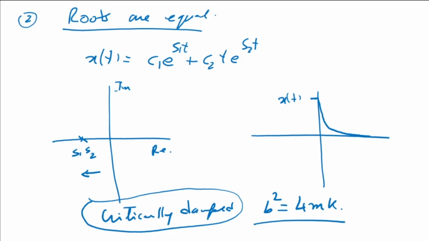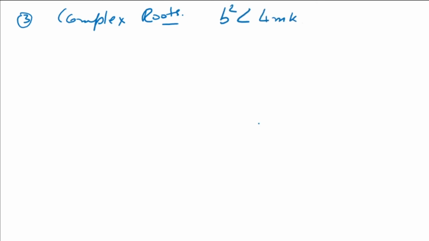What about the third case? The third case is where we have complex roots, which means that b squared is less than 4mk. In the case of complex roots, the solution is of the form x(t) = c1 e^(s1 t) + c2 e^(s2 t), but in this form s1 and s2 are complex.